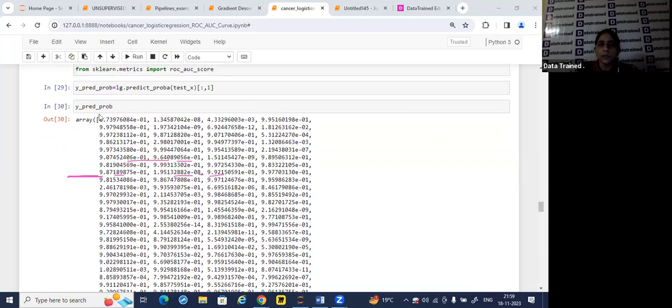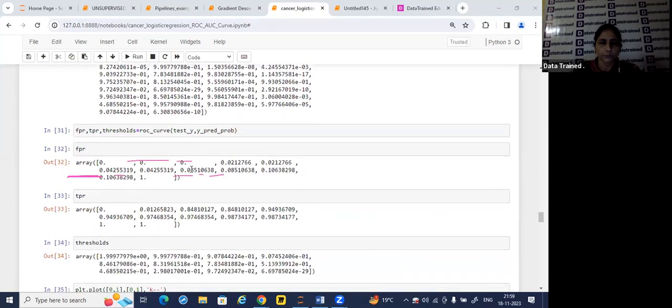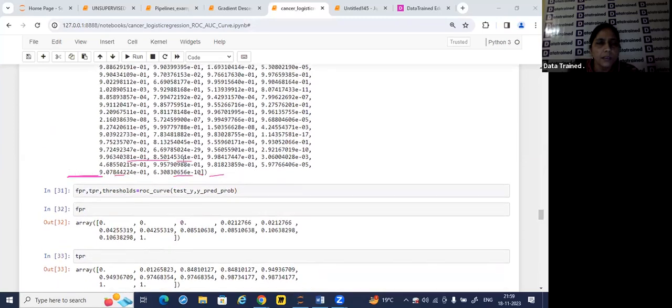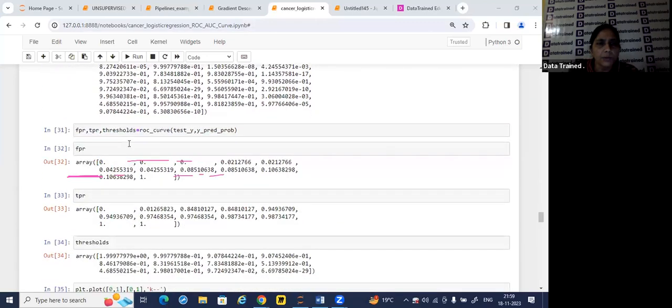What we'll do, this probability which we are taking from the predict probability function, I'm going to take it here and pass it into roc_curve. Because to make the plot, I need the values of false positive rate and true positive rate.